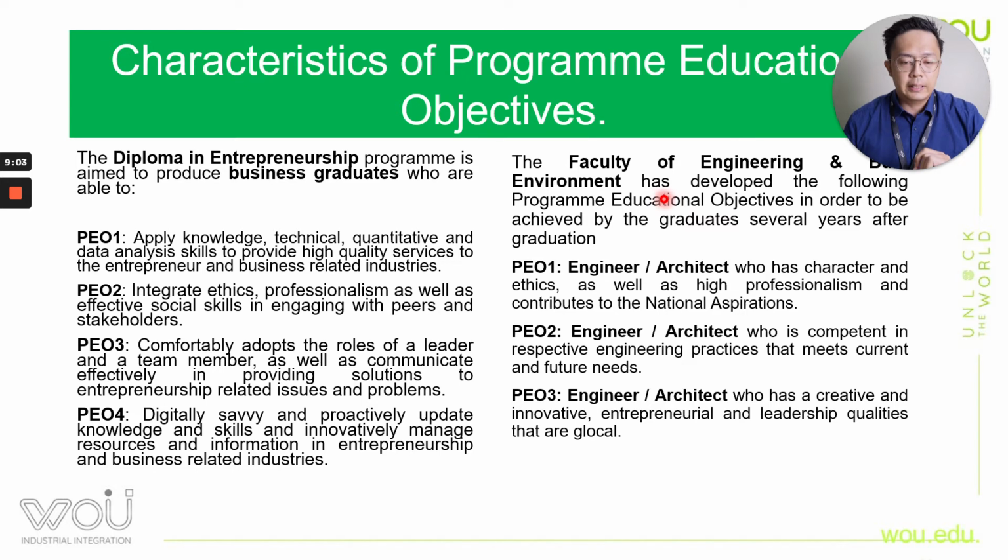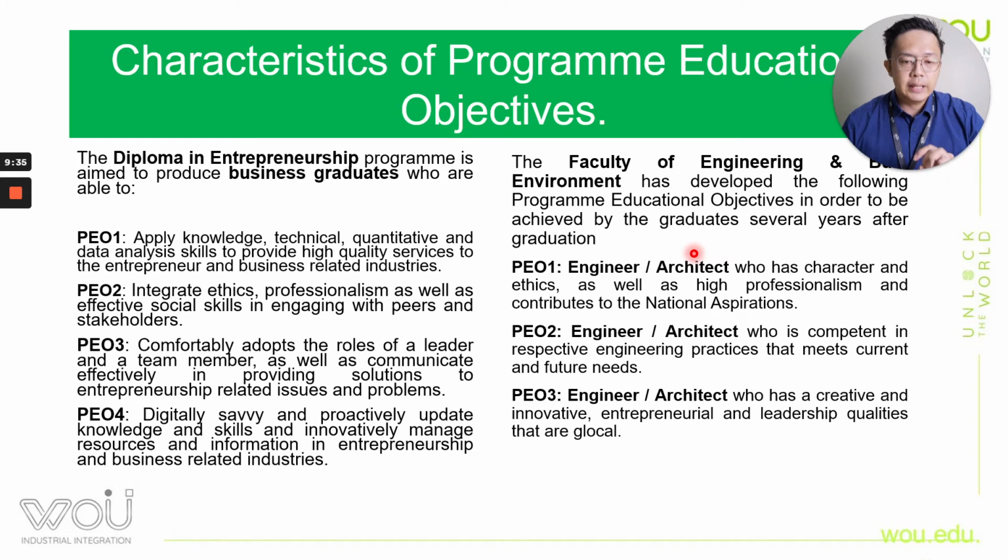For example, in this case, the Faculty of Engineering and Built Environment, their program could be specifically to produce engineers or architects, so they mention it specifically. Another thing you will see, if you compare this set of PO and this set of PO, is that this one is specifically for business graduates, while this one is for engineers and architects.